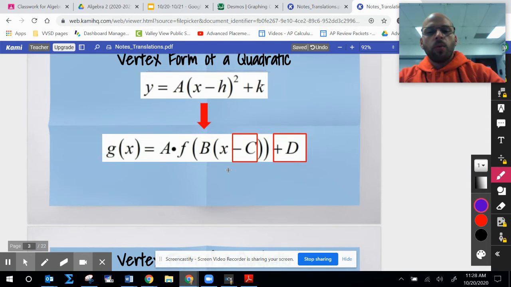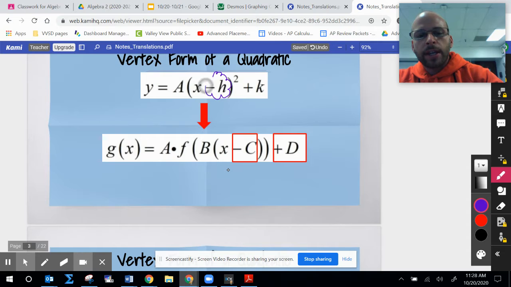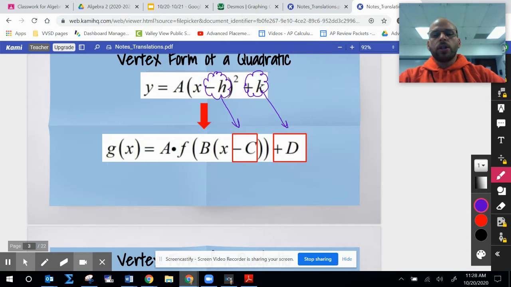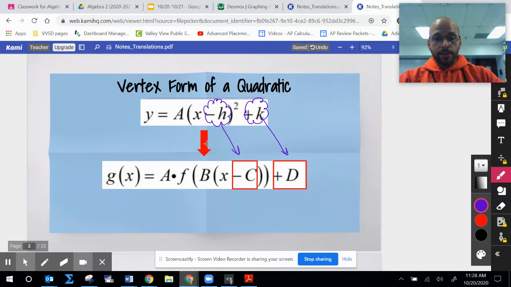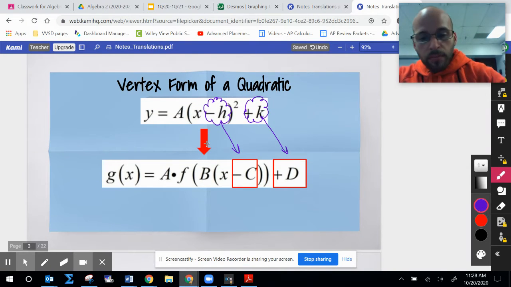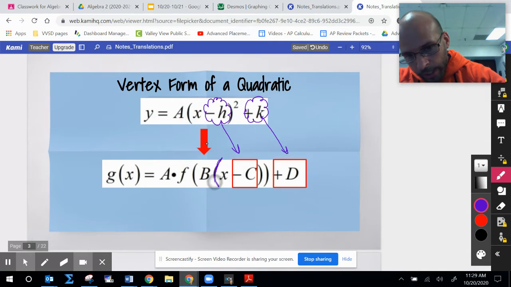Okay, so we have this thing called transformational function form. And you're used to vertex form with the h's and the k's. These values are going to be my transformations, in this case my translations. Now, I want you to see where they're located.